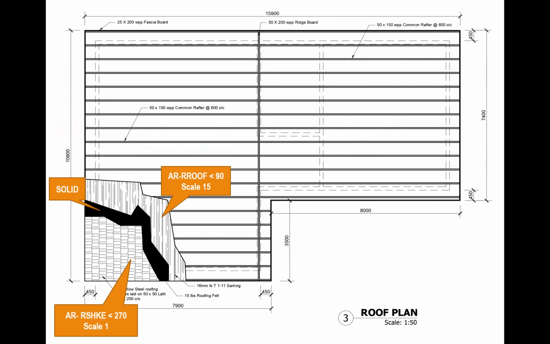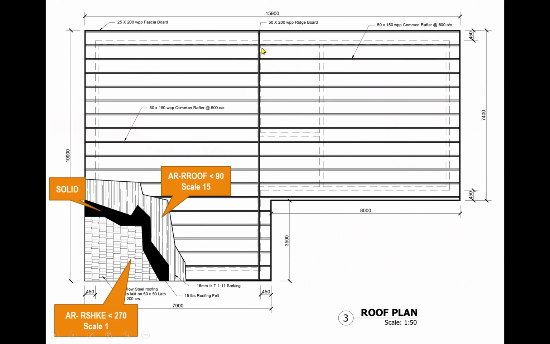Now this would be the layout of a gable roof in plan, where you would have the ridge board running down here, not necessarily in the center, but in this case it is in the center. So the distance over here, no, this is not in the center, because the distance from here to here is greater than the distance over here.